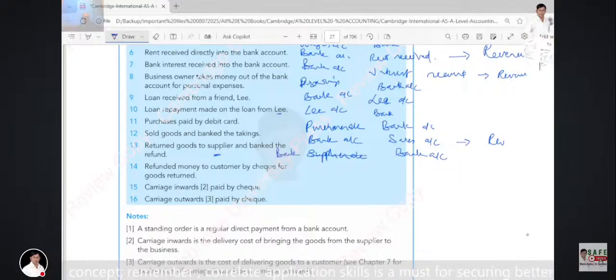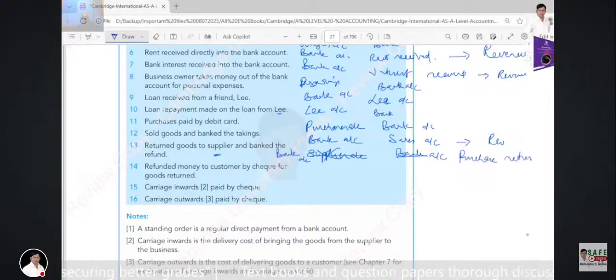And we have returned goods to supplier, so it is called purchase returns. It is purchase returns, not supplier.